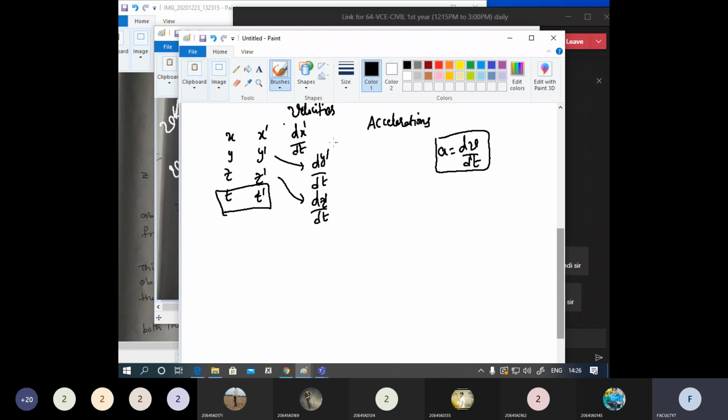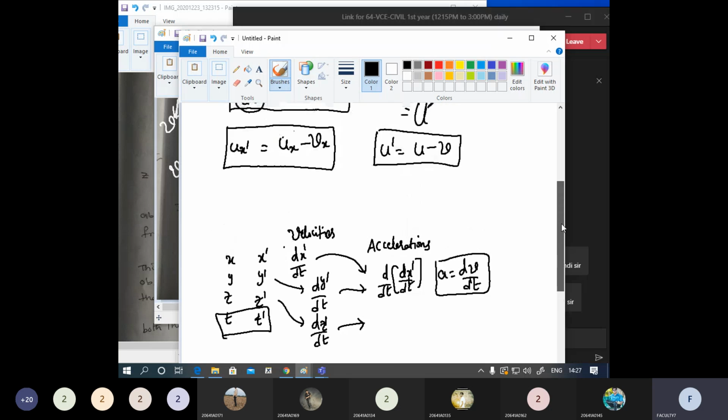Now we differentiate these equations once again with respect to time. You will get d by dt of dx prime by dt.